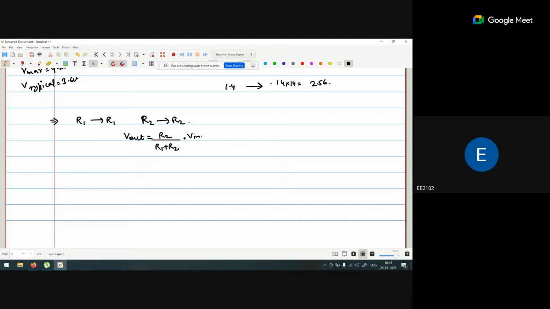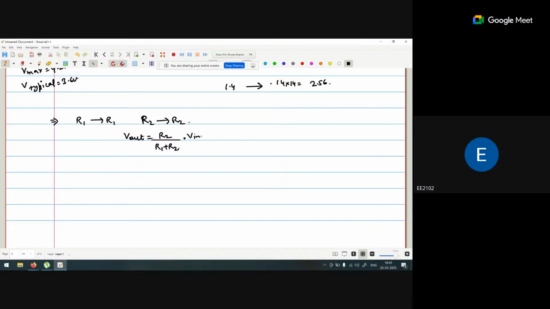But as we know, in a resistor we have four bands, and the fourth band is nothing but the plus minus.